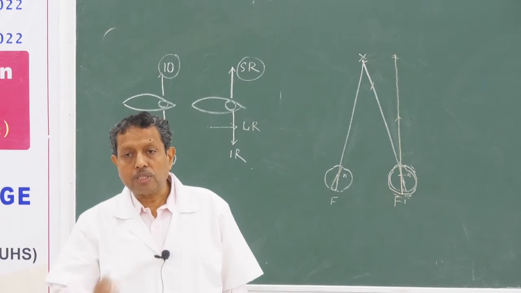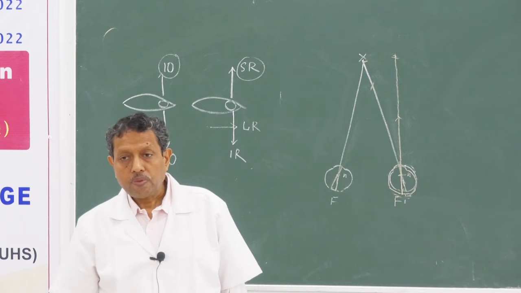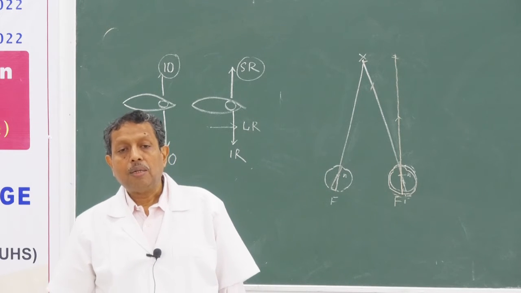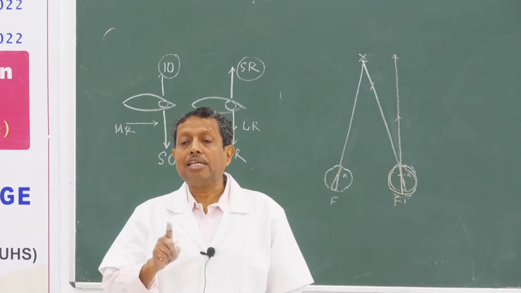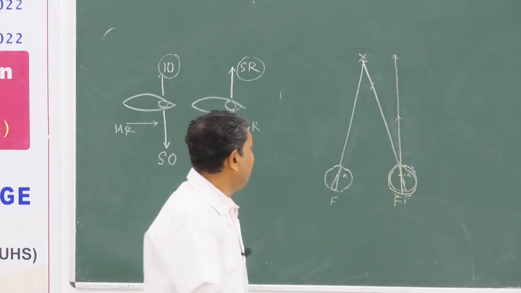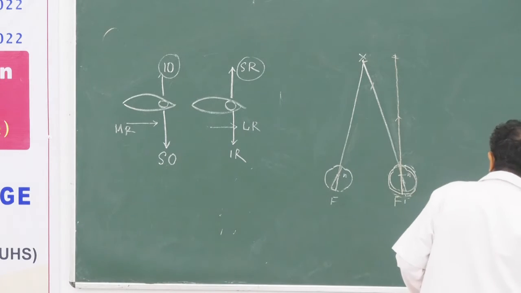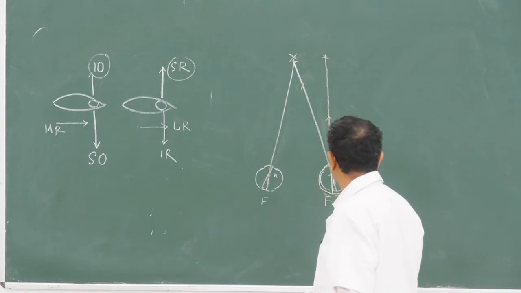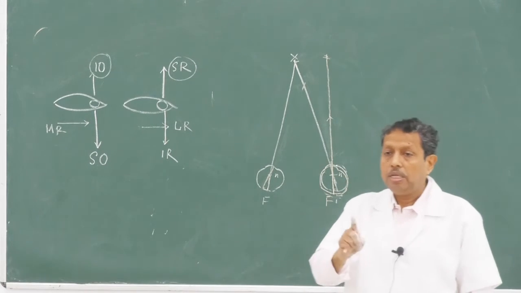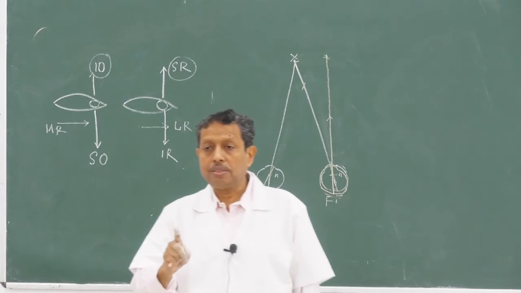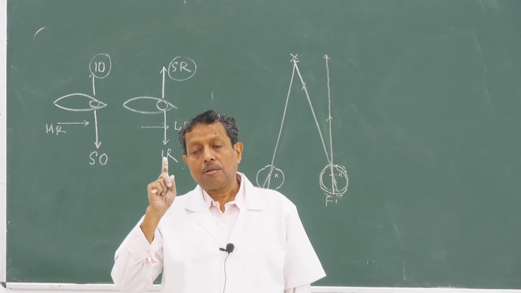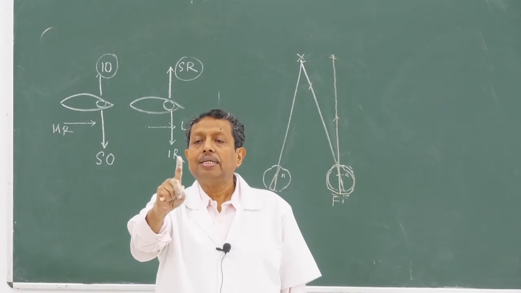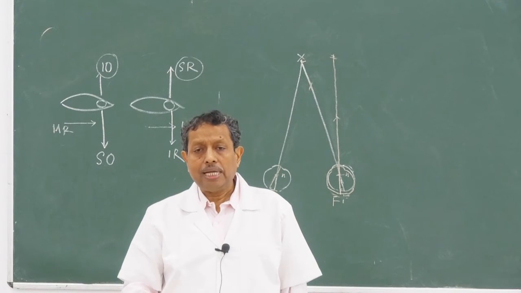Suppose an individual has paralytic strabismus and the lateral rectus is weak, but in the midline position of the gaze he does not have double vision.